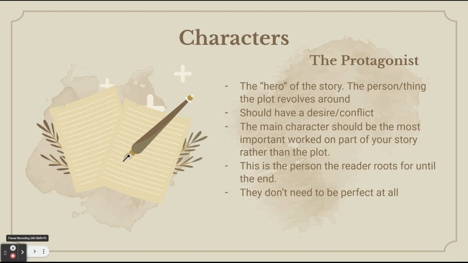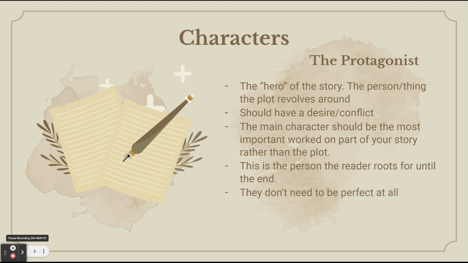And your main character should try to reach that goal in spite of this conflict. And you should make the character strong enough and weak enough in a way that the reader will root for them and relate to them until the end of your story.